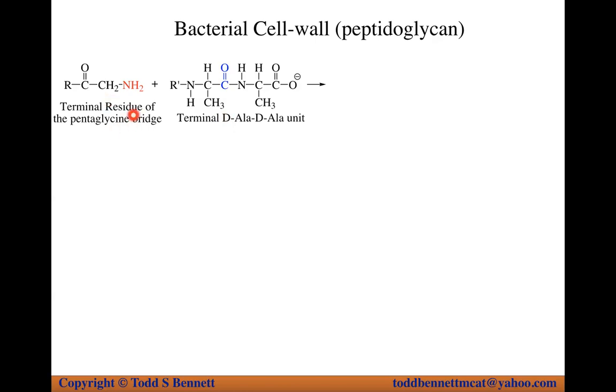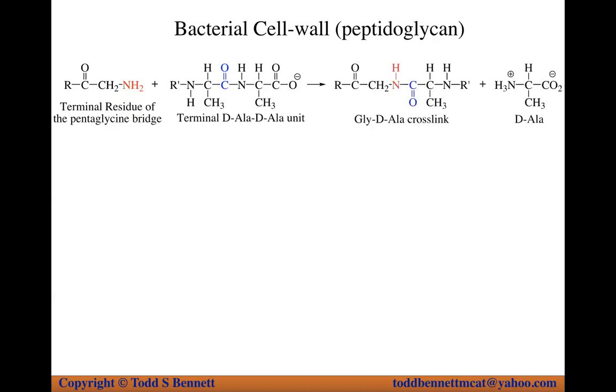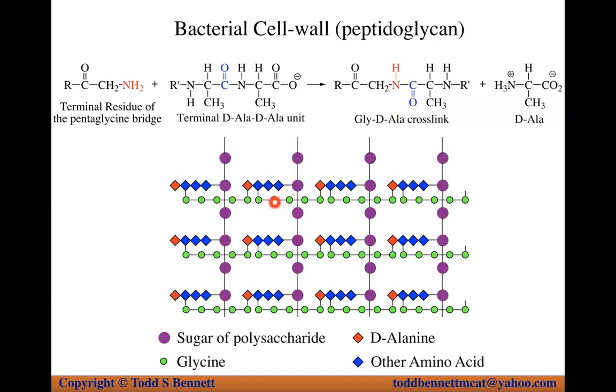And it says pentaglycine, but I'm just going to show one of the glycines to form this glycine to D crosslink. This is a lot of work showing this, but if you look at this residue, there's those 5 connected to a D, connected to whatever linkage is here. So this fragile little piece right here and fragile little piece right here are what's holding these fibers together.